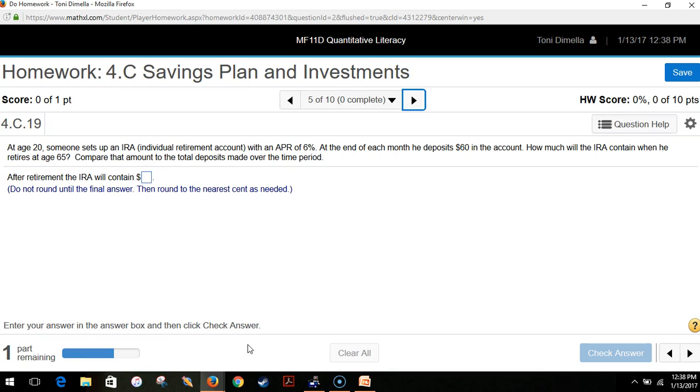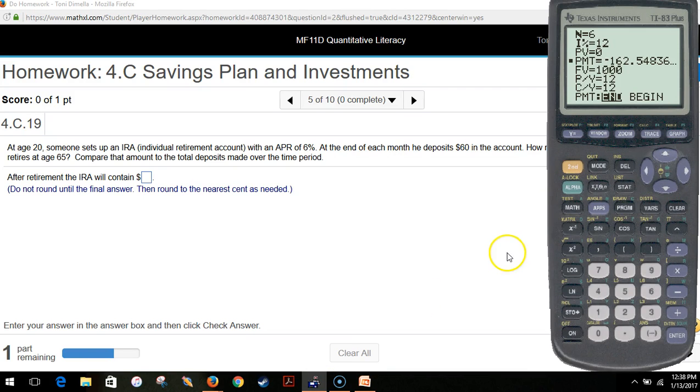How much money will he have at retirement? Or she, because it says someone. We don't know who it is. So I'm going to go up to N. And for 45 years, I'm going to do this every single month. And so there's going to be 540 deposits. The deposits get 6%. Of course, that's going to be divided up over the 12 periods per year. I'm starting out with nothing right now, but I'm going to be making payments of $60 a month.